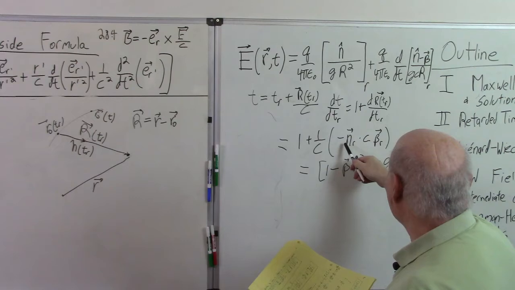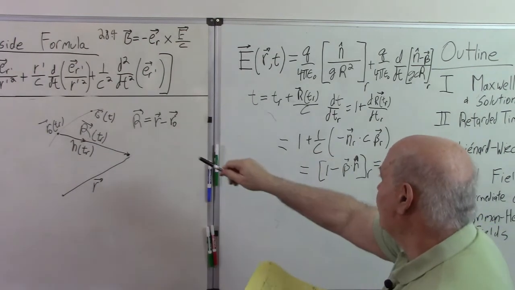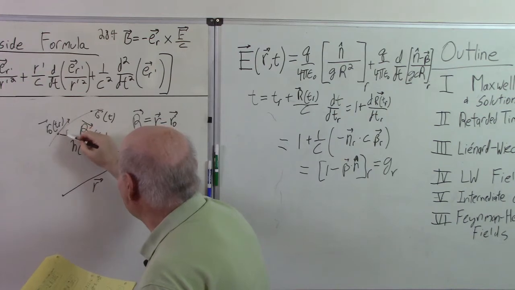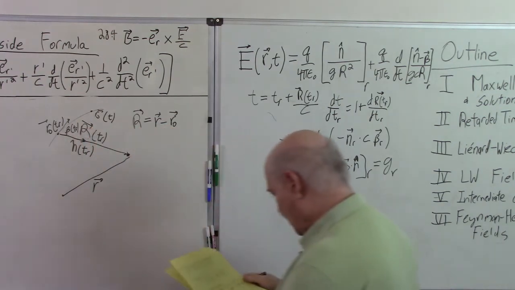So we have minus the unit vector times the velocity, which would be beta at t_r.